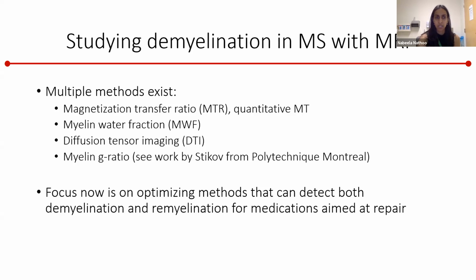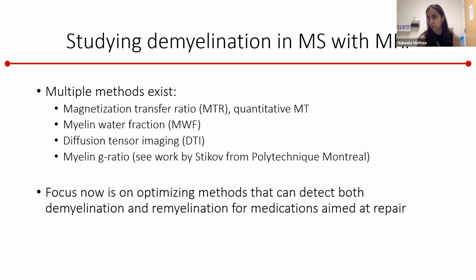So at this point, because some of the treatments that are being tried in patients now are focused on repair and remyelination, I think from an in vivo standpoint, we need imaging methods that can detect demyelination and remyelination and have a very clear difference between those for medications aimed at repair.